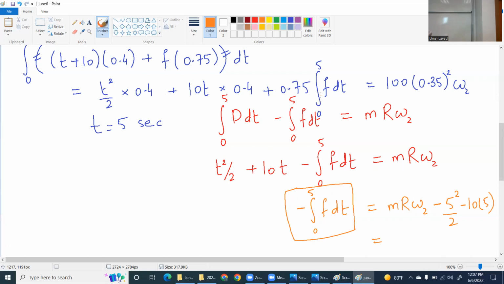Can we do this with summation of moments? Just remember one thing, Hussein. This problem might be a little tricky for us to crack using summation of moments. I will tell you the answer. When you do summation of moments is equal to I alpha and summation of forces is equal to MA, again you will have two unknowns. You will have the alpha and the acceleration of the object as the unknowns, right? Two equations, two unknowns.